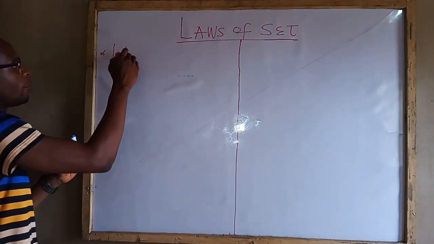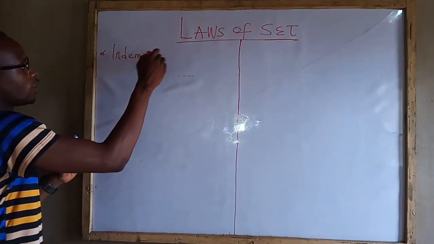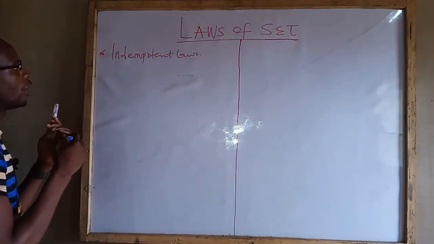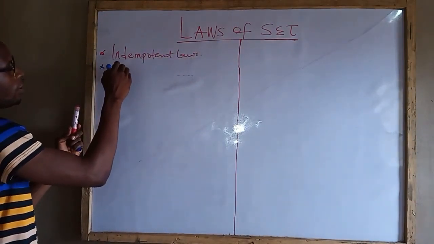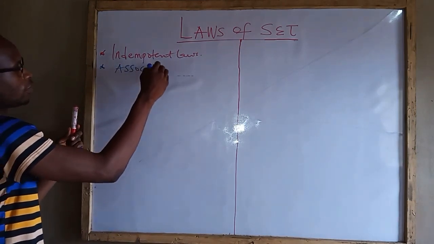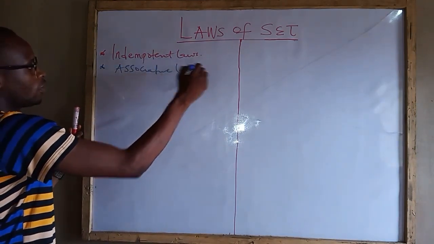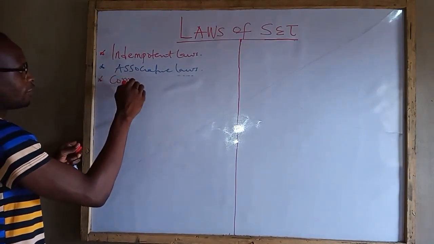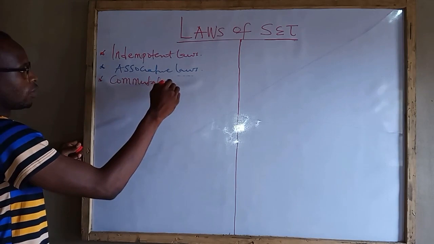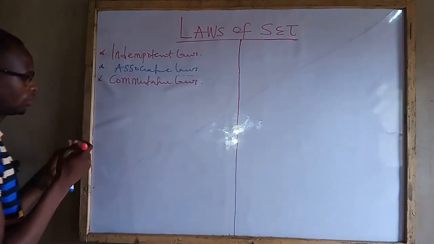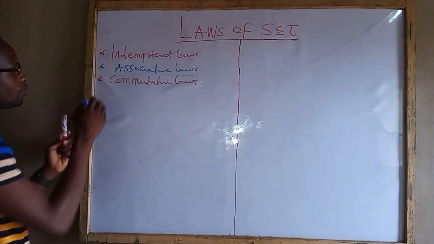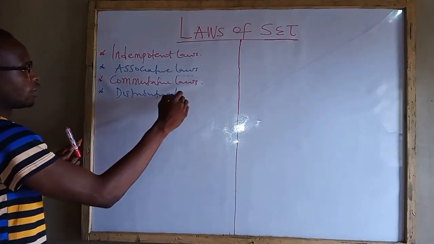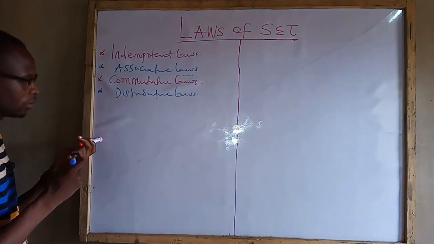We have the idempotent laws. We have the associative laws. We have the commutative laws, and we have the distributive laws.